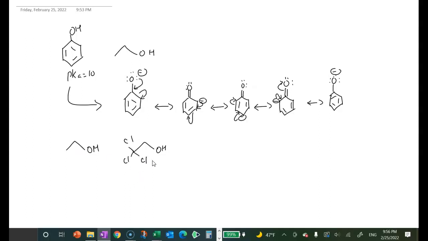The pKa of the second would be lower, because the chlorine atoms, being more electronegative, show an inductive effect, so this proton can be given off much more easily. So you have to keep these factors in mind when comparing the acidity of various alcohol molecules.